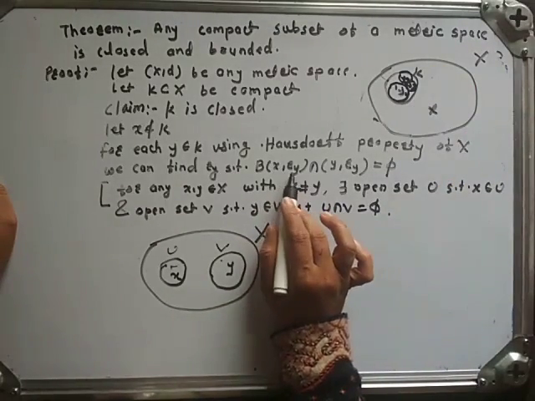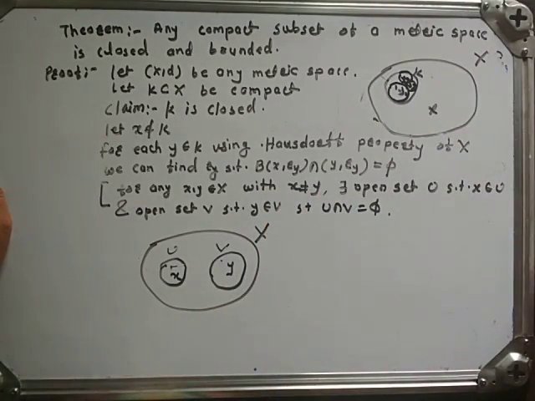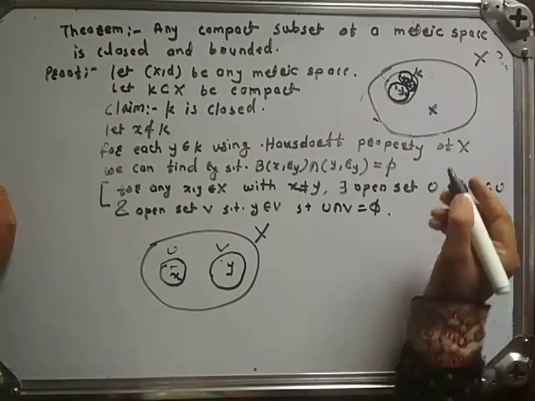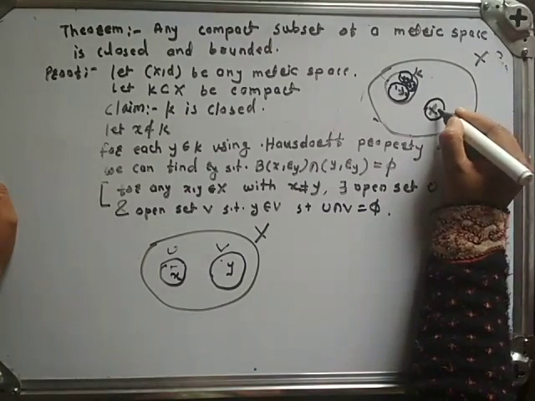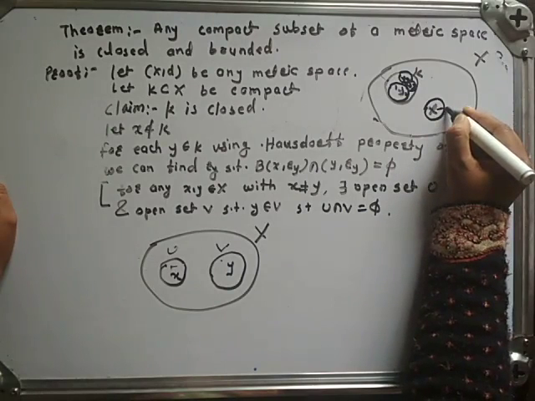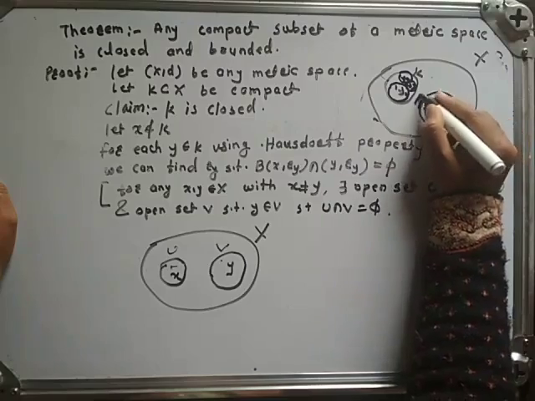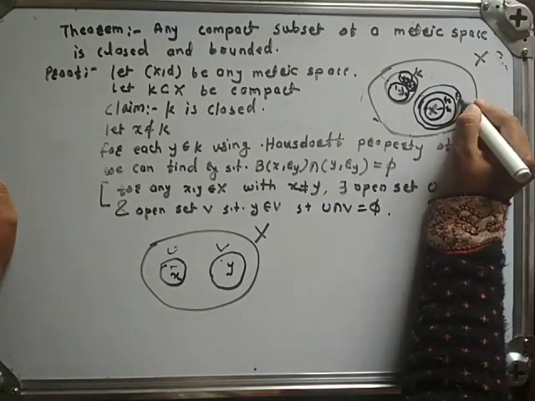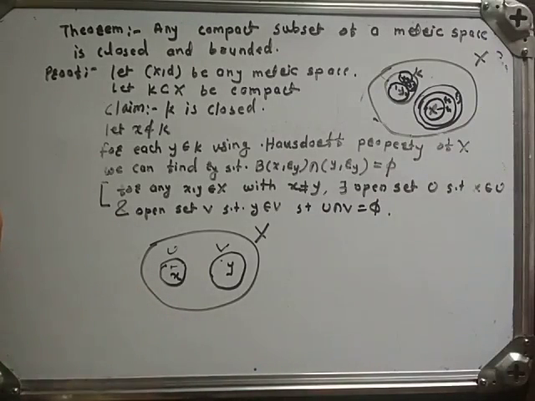B of x comma Ry intersection B of y comma Ry is equal to empty set. Suppose here this is R1, this is R2, this is R3 and so on. This is by using the Hausdorff property.